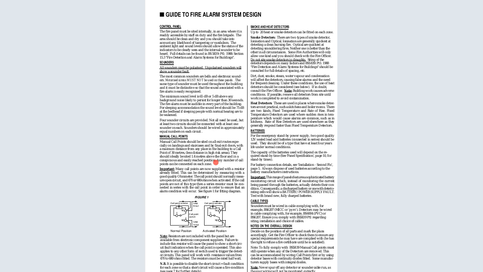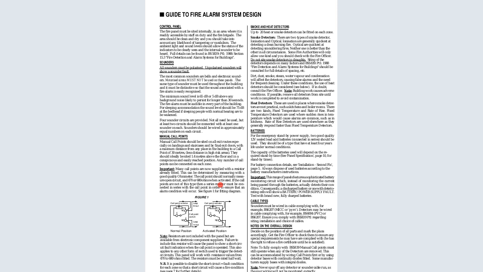The fire control panel must be sited internally in an area where it is readily accessible by the staff on duty and the fire brigade, and should be clean and dry, and should take into account any likelihood of tampering or vandalism. The indicators must be clearly seen, and the internal sounders must be heard. The full details are found in that.